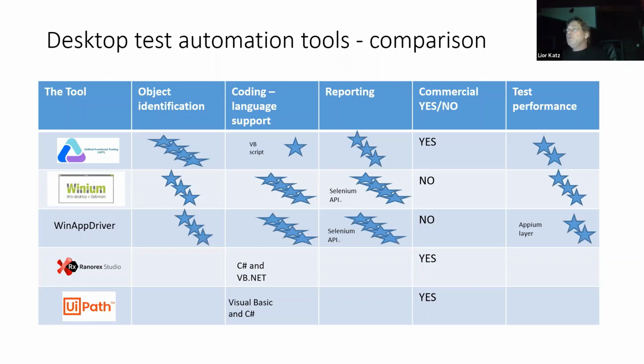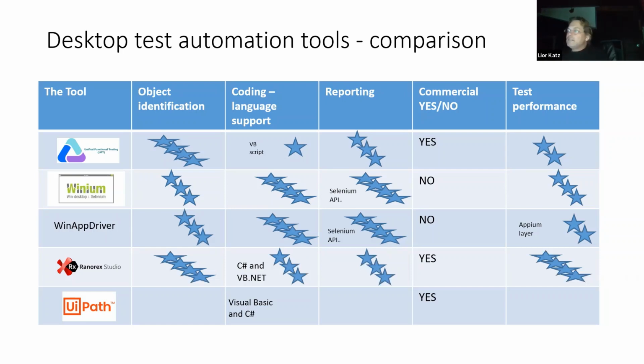Winium and WinAppDriver are very interesting solutions. Again, the scoring is from my experience. These are two very interesting libraries. We implemented WinAppDriver in a few projects, and it worked for desktop applications, and it worked perfectly. You must analyze your desktop environment in order to understand whether Winium or WinAppDriver is good for you. But if it's good for you, then it can be a very good solution.